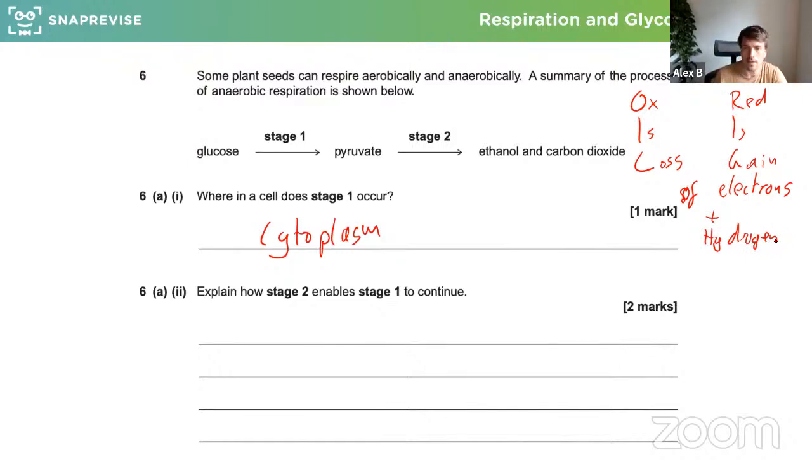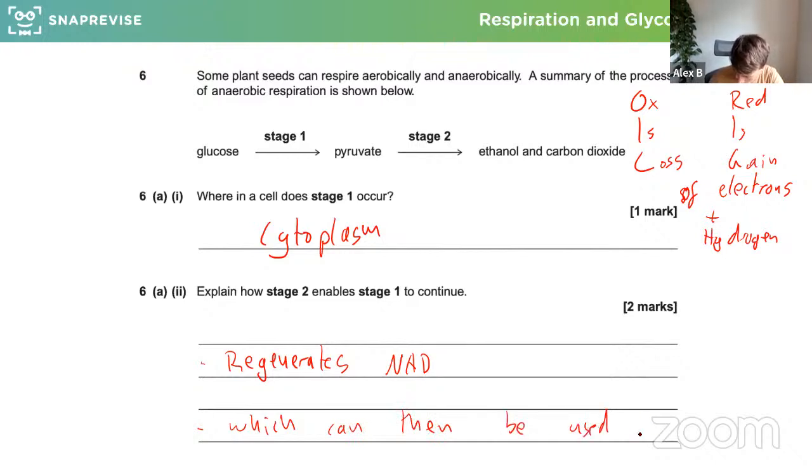And then, yeah, some good answers coming up for this one. So it regenerates NAD, which can then be used to accept either hydrogen or electrons in glycolysis.